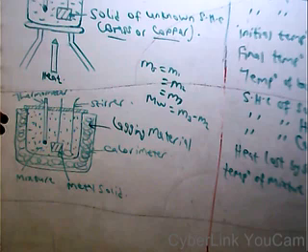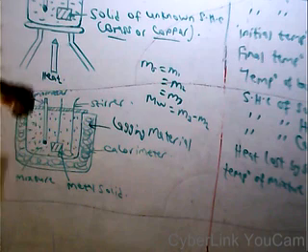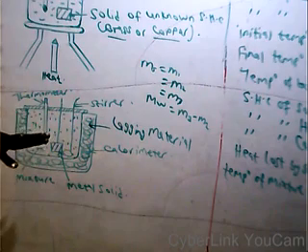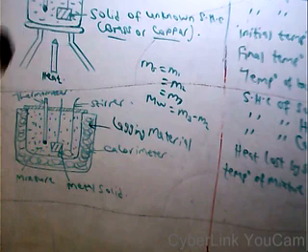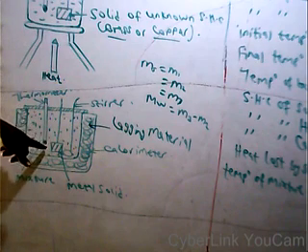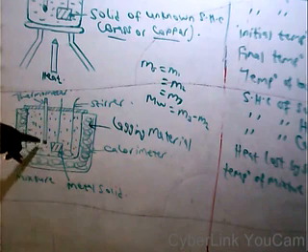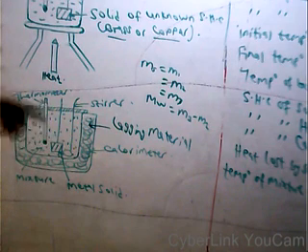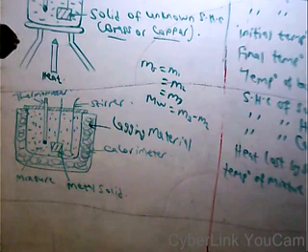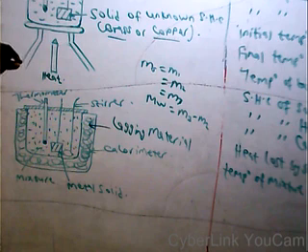Now a point will be reached in which the temperature of the water, which is initially cold, and the temperature of the metal solid, which is initially hot at 100 degrees Celsius, of these two substances will be equal. We call that point the equilibrium point.